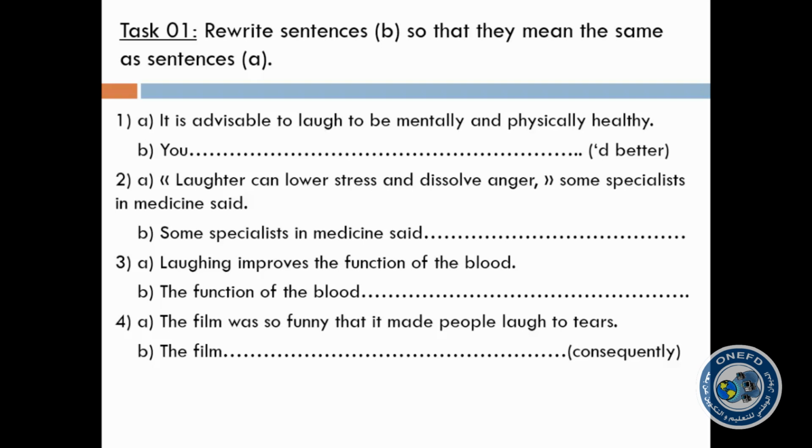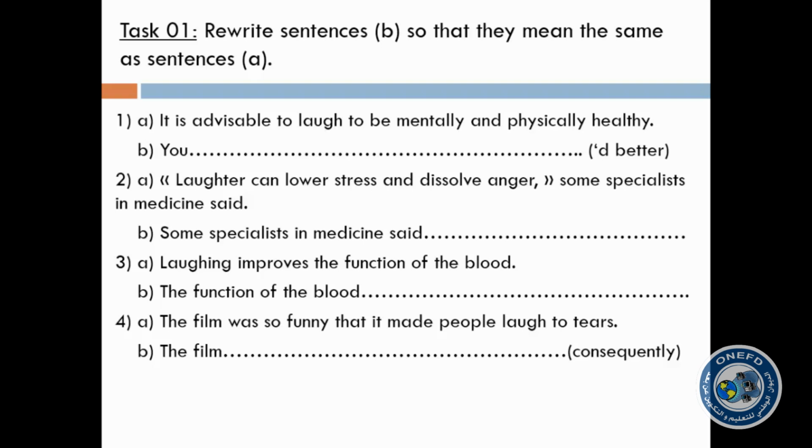Sentence 3. Sentence A, laughing improves the function of the blood. And sentence B, you start it like this: the function of the blood, and you continue. Sentence 4, sentence A, the film was so funny that it made people laugh to tears.